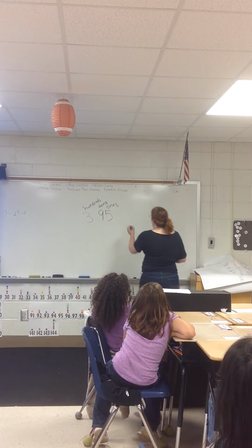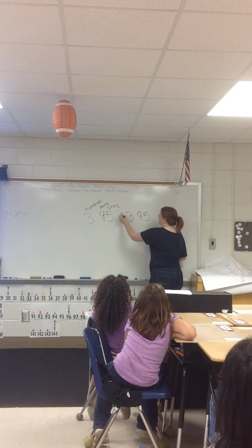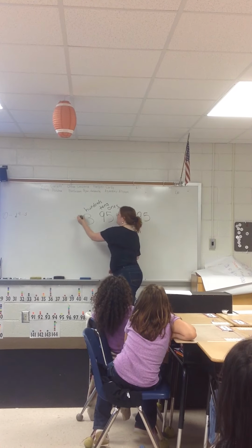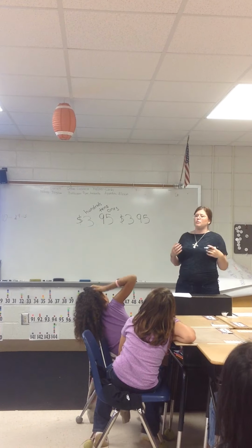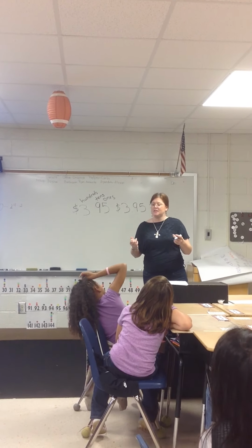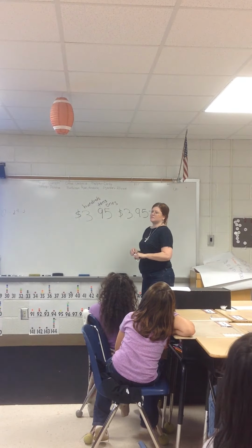All right, so I'm going to write $3.95 on the board. Put my dollar sign, because I forgot it over here, didn't I? So we want to know we're talking about money. If we want to round it to the nearest dollar, what do I have to do, Makai?